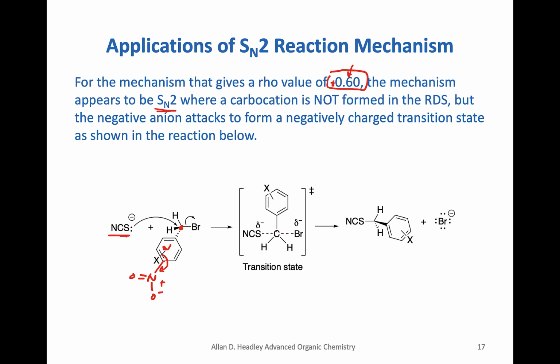Our job is to utilize that information to rationalize a mechanism that is consistent with the experimental results, and of course also consistent with the rate determining step, which dictates the overall reaction. Notice for this reaction, we're not putting in a rate determining step per se, because it's just a one-step reaction. So that's why it's not included, but you can put it in if you want.